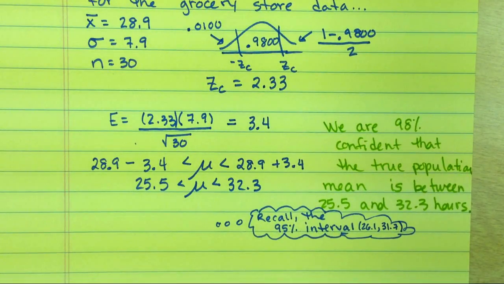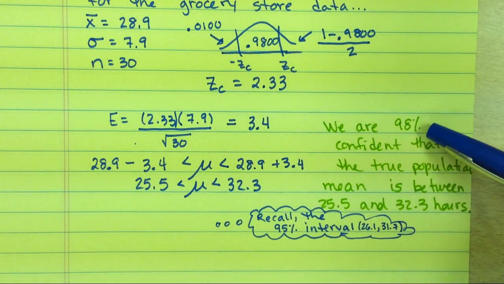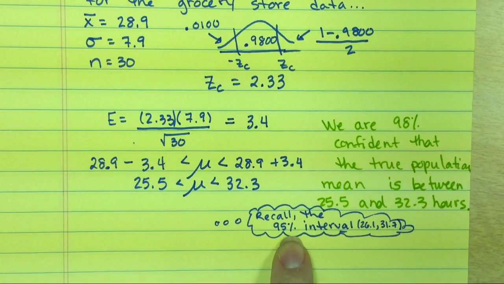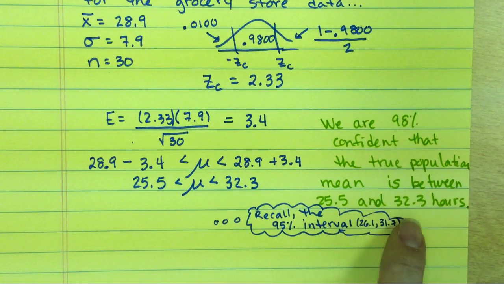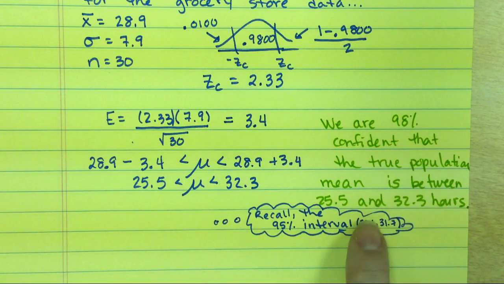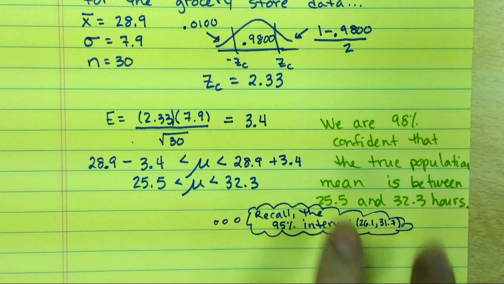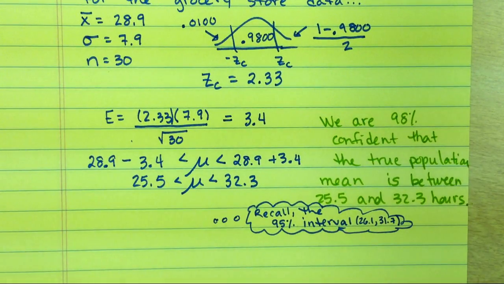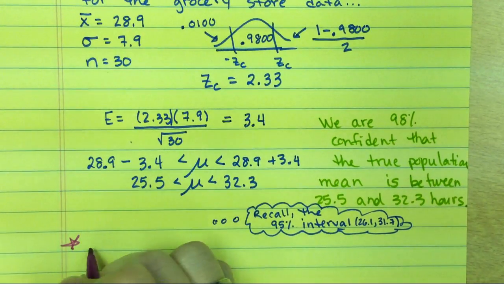So let's think about, we are more confident about this interval than we are about this interval. Notice what happened to the width of our interval. When we're more confident, our interval gets bigger. When we're less confident, our interval gets narrower. That's an important thing to pay attention to.